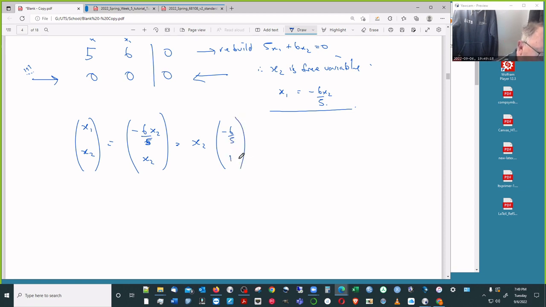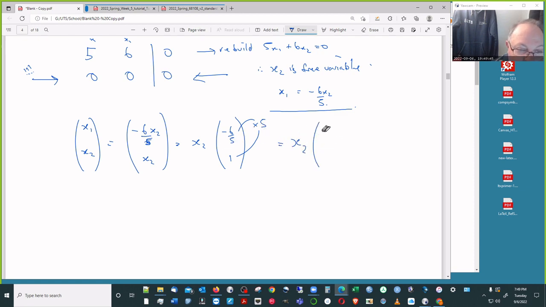Now at this point here, there's a couple of things that we can do. We can multiply this by some number just to firm this up. So I'm going to multiply this by 5. So each term will get multiplied by 5. So this will result in x2.